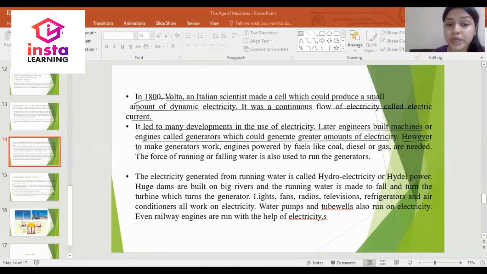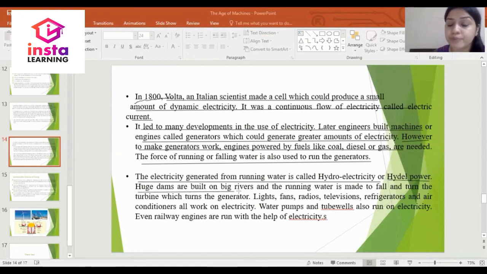However, to make a generator work, engines powered by fuel like coal, diesel or gas are needed. The force of running or falling water is also used to run the generators. Dear student, the electricity generated from running water is called hydroelectricity, which is generated from water or tidal power.